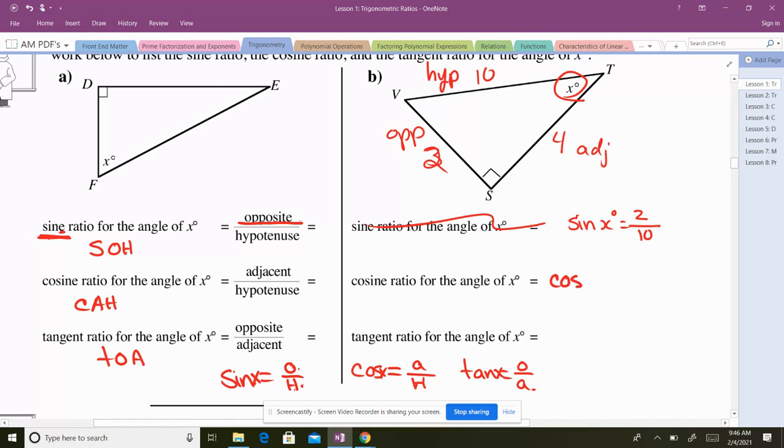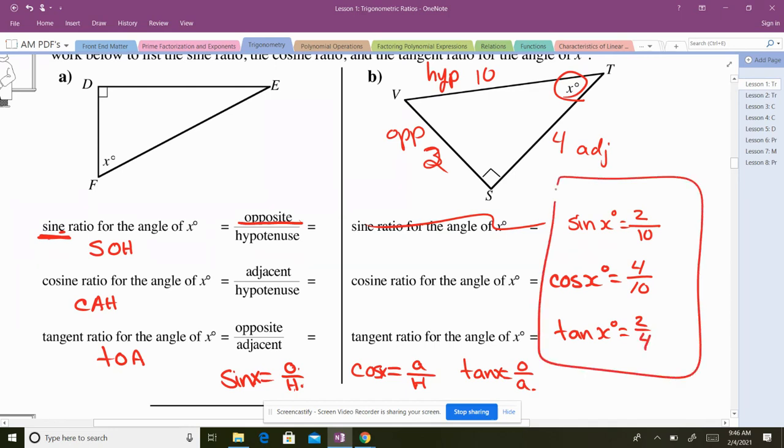If I ask for cosine of that angle, what side over what side? What's the length of the adjacent? Hypotenuse is 10. Tan. So it's what over what?